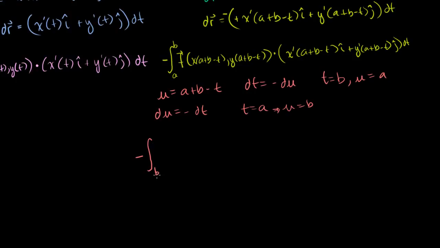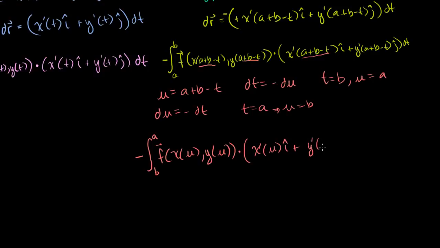The integral from u is equal to b to u is equal to a of f of x of u, y of u, dot x prime of u times i, plus y prime of u times j.